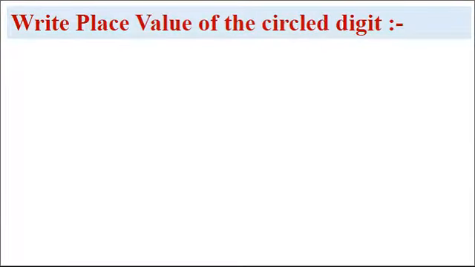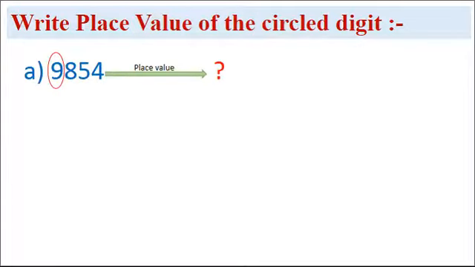So write the place value of the circled digit. The number is 9854. As you can see, 9 has been circled over here in red color. They are asking you the place value of this digit, that is 9. So the place value of the 9 will be what? 9 is at which place? It is at the 1000 place.